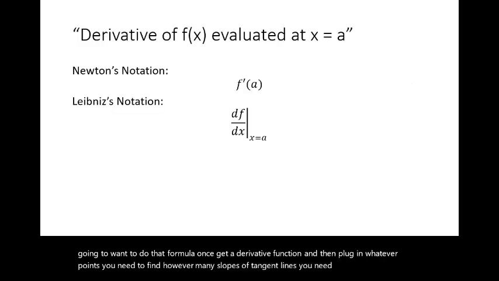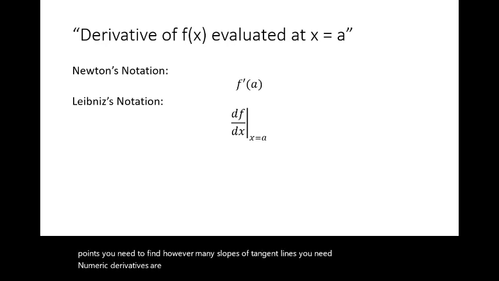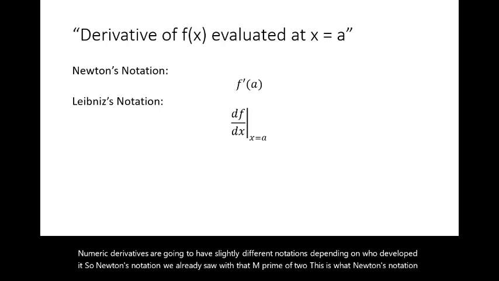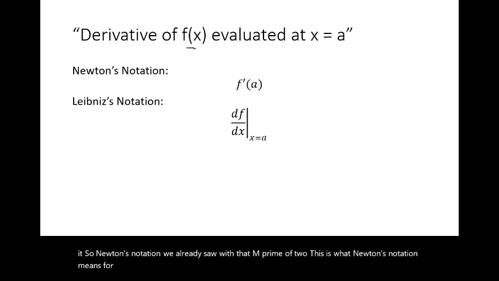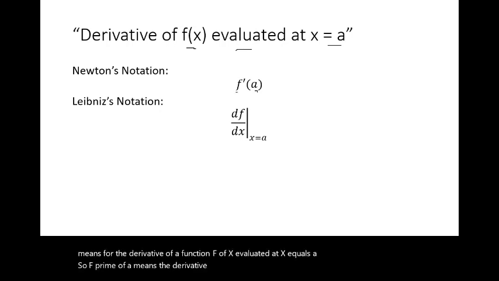Now, again, numeric derivatives are going to have slightly different notations depending on who developed it. So Newton's notation, we already saw with that m prime of 2. This is what Newton's notation means for the derivative of a function f of x evaluated at x equals a. So f prime of a means the derivative of f evaluated at x equals a.